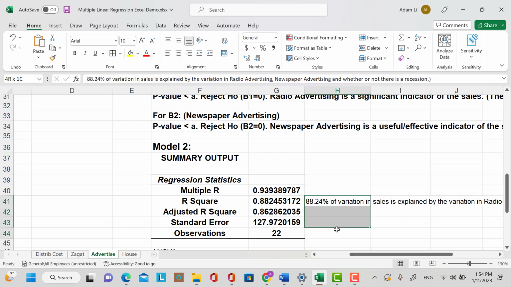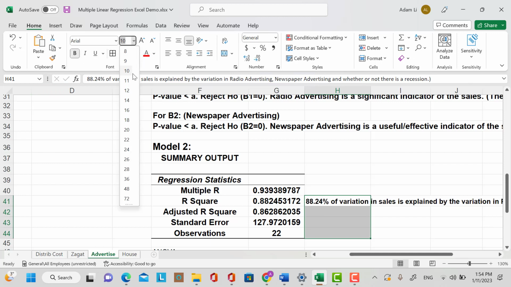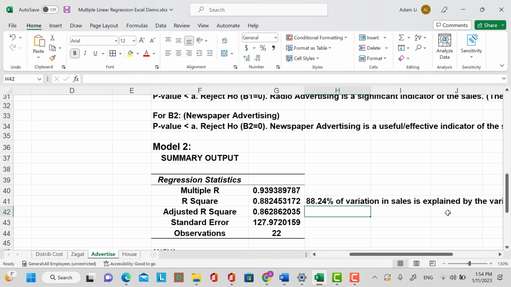Also we're going to interpret the adjusted R square. By adjusting for the number of independent variables used, we end up with 86.29%. Again, adjusted R square is slightly smaller than R square.